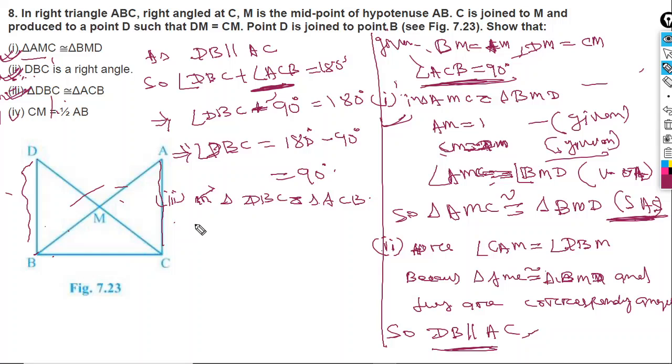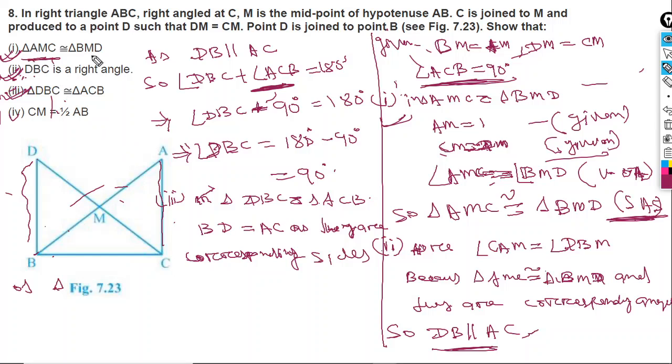So first we will write that BD equals AC, with the reason that they are corresponding sides of triangle AMC and triangle BMD.